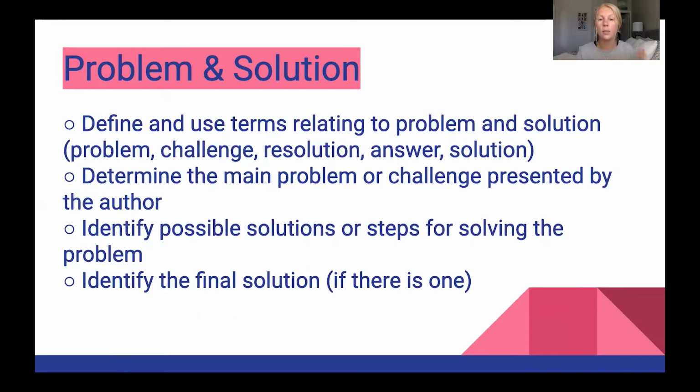Because if we don't find the problem, we're not going to be able to find the solution. Identify possible solutions or steps for solving the problem. And identify the final solution if there is one. So if a text does have a final solution, we need to identify the solution that helps solve our problem.